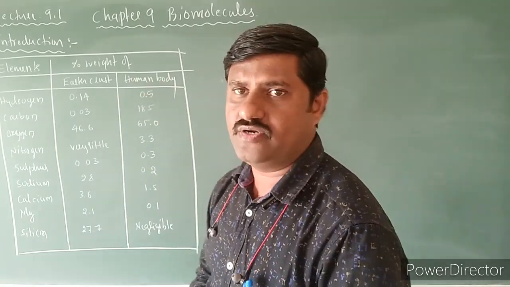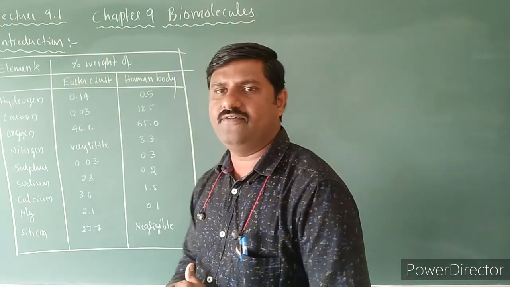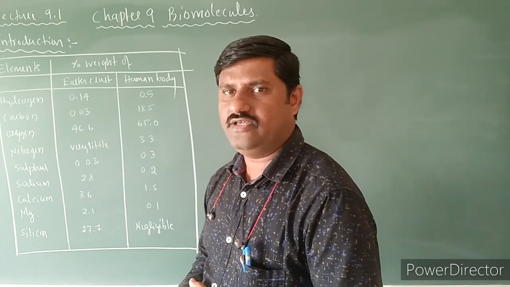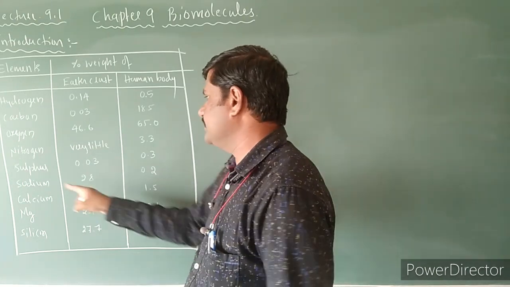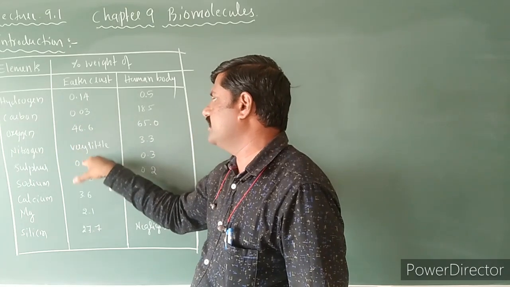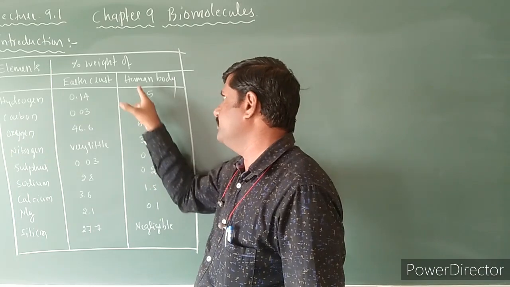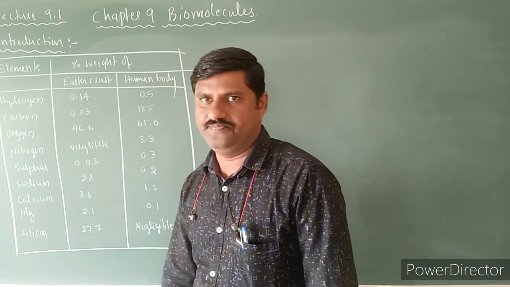Nitrogen containing compounds, nitrogen bases, all these together form 3.3% of the nitrogen in the human body. And the next one, sulfur, it is also 0.03, almost equivalent to carbon in the earth crust, and it is 0.3% in the human body.